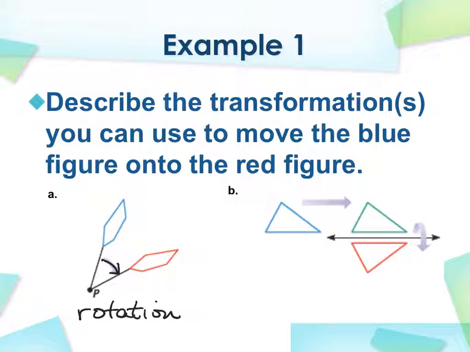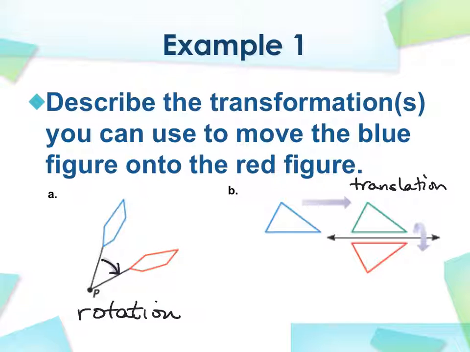Now in figure B here, we've got two different things happening. What is happening from the blue triangle to the green triangle? What happened to it? Good. He just told me both. So from blue to green, they slid it, so that's a translation.